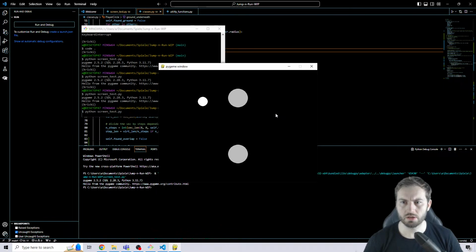So if I click right, it only corrects when I let go of the key. And then it corrects with quite some force in some instances.